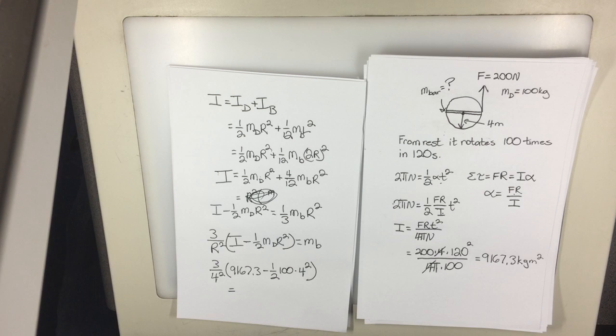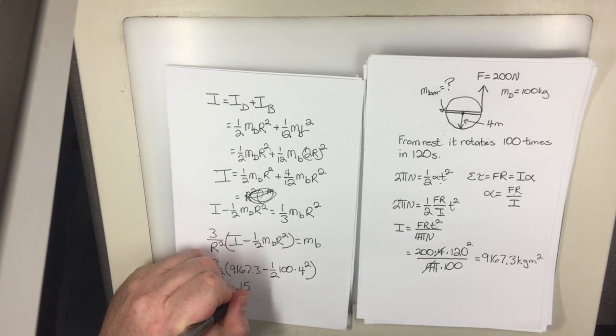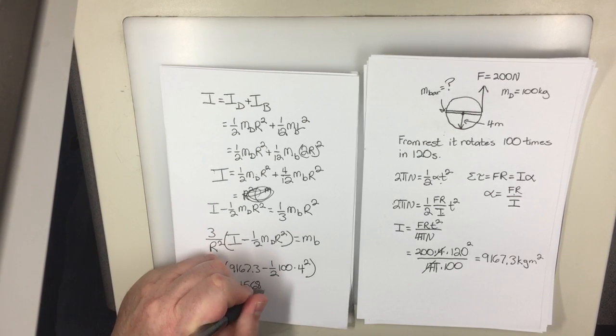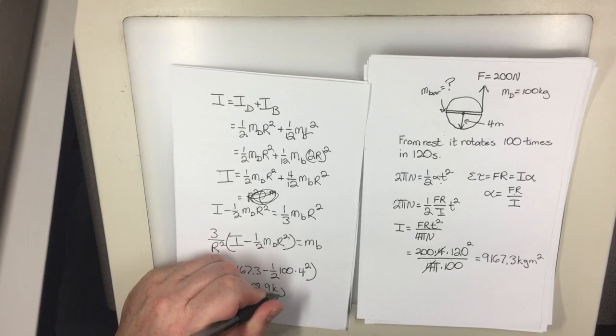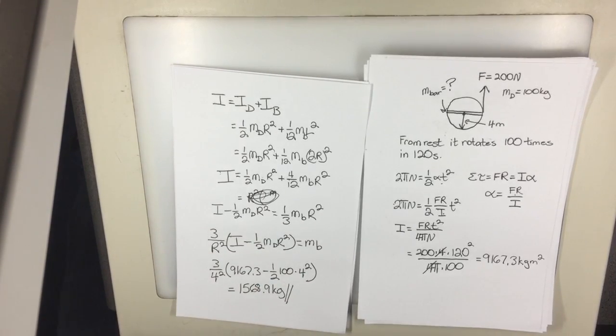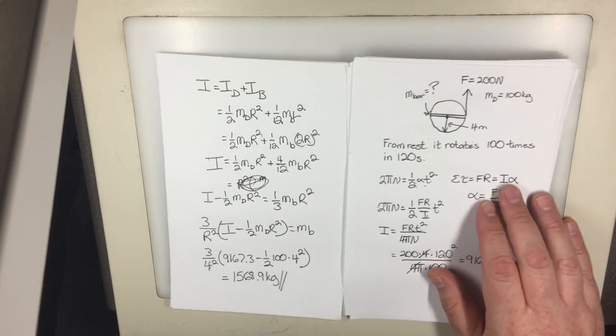Minus 50 times 16, times 3 divided by 16. So 1568.9 kilograms. And so we get this.